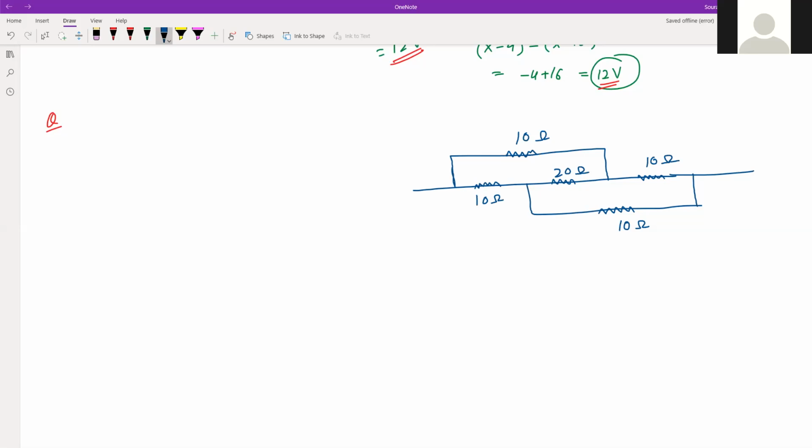So now we have to find its equivalent resistance, that is between, say, this point X and this point Y. So we have to find R_XY, that is the total resistance between points X and Y. This is what we have to calculate.